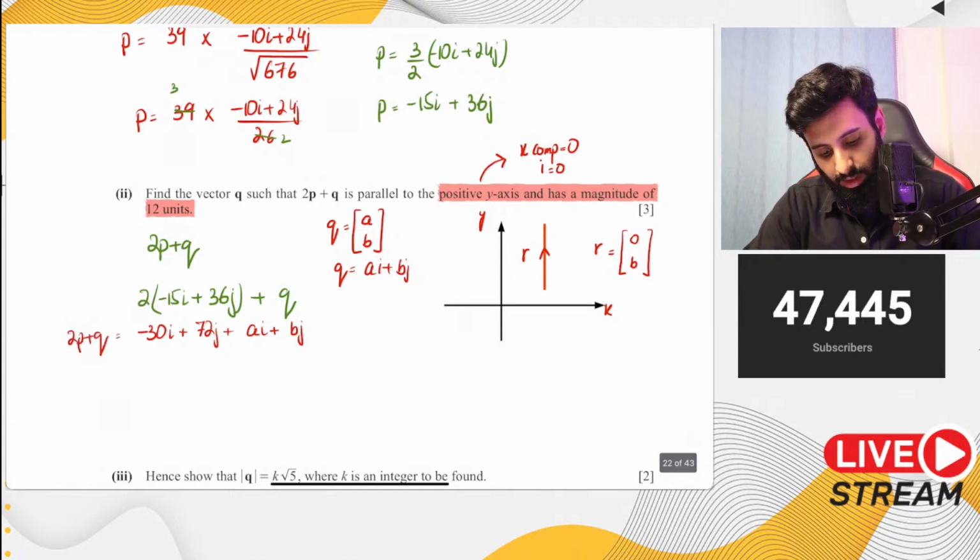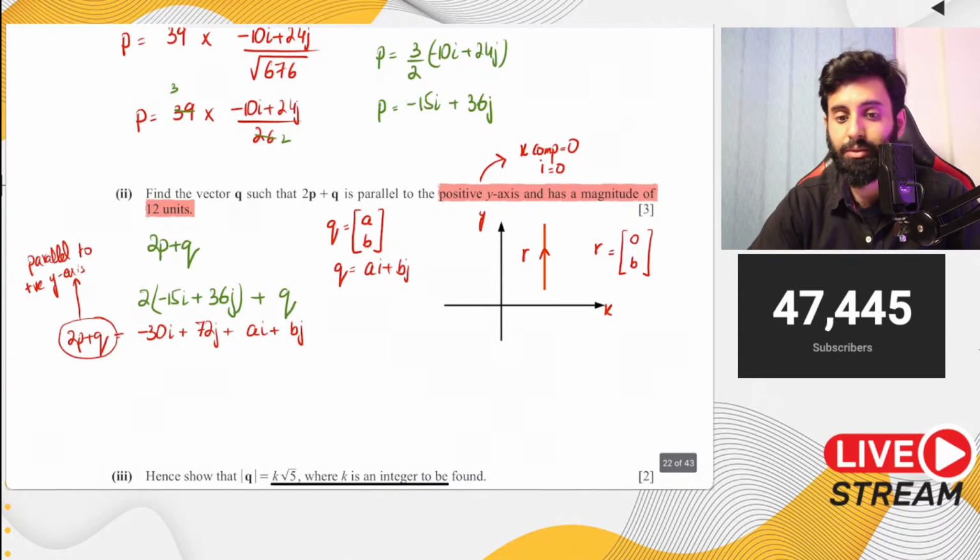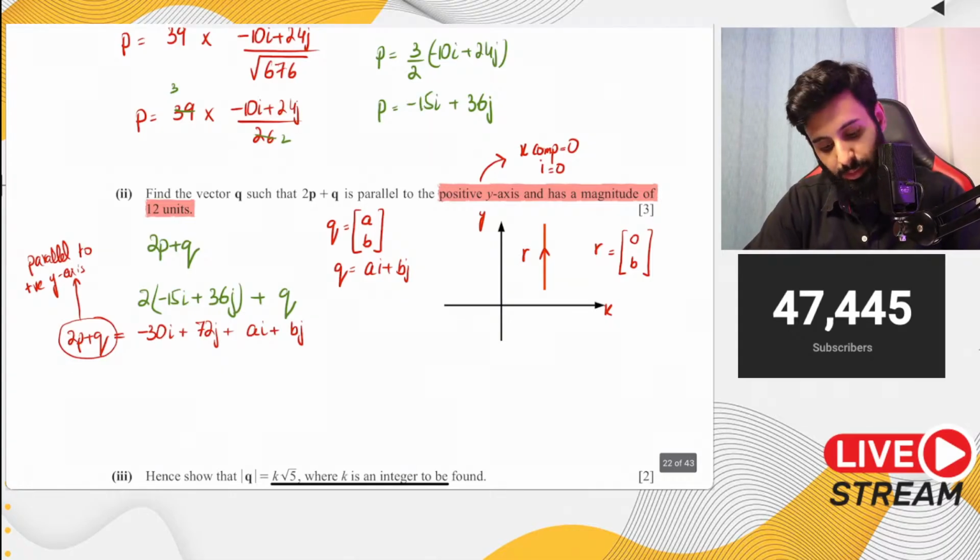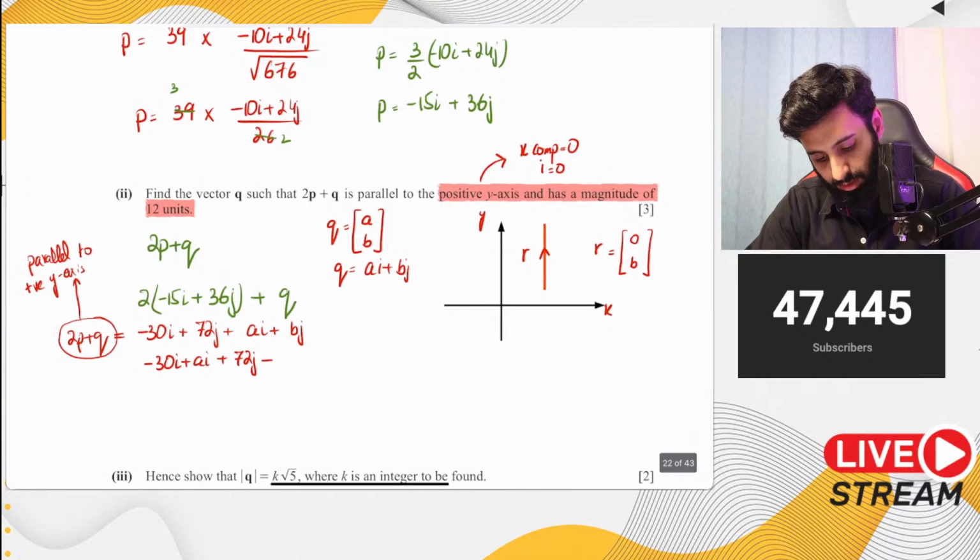Now this entire vector is the vector that is parallel to the positive y-axis. If this vector is parallel to the positive y-axis, that means the I of this vector has to be equal to 0. So I'm going to get all the i's on one side: minus 30i plus ai plus 72j plus bj.